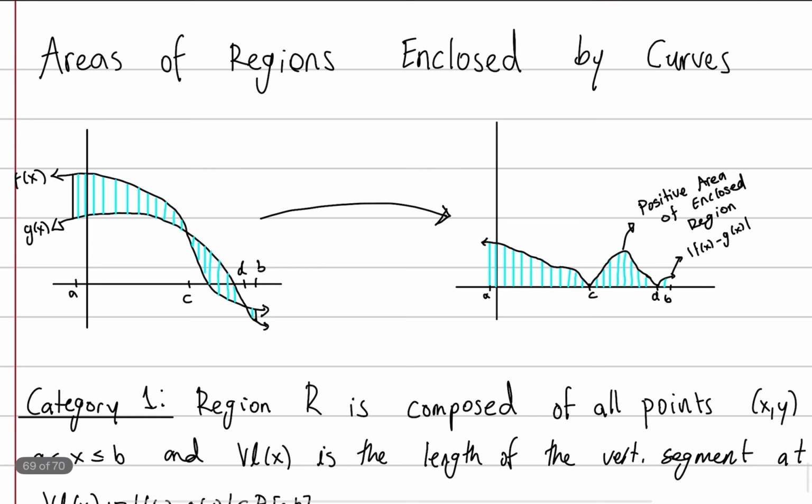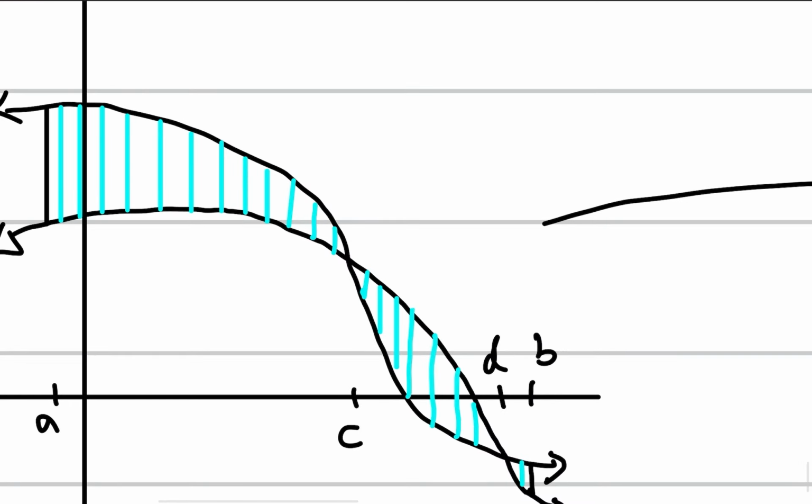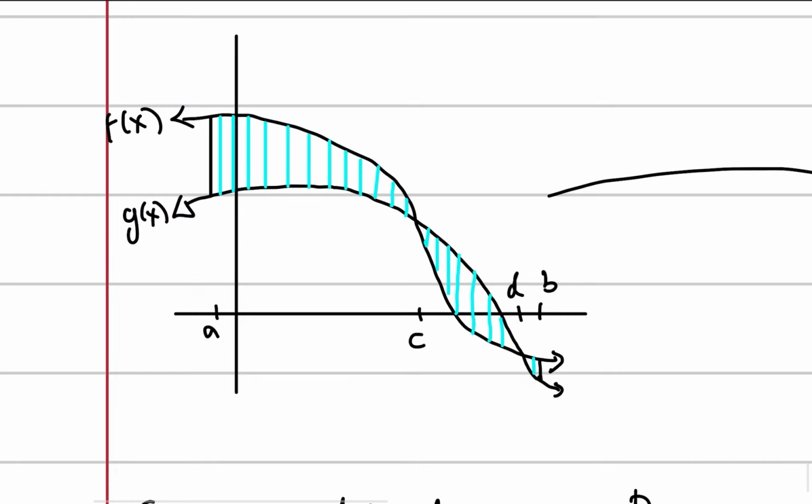Now, if we integrate the vertical lengths, what we should get is the positive area enclosed by this region. Well, what do I mean, right? You might want to think, oh yeah, we have this change delta x, and we can use Riemann integration, and you can think of it like that.